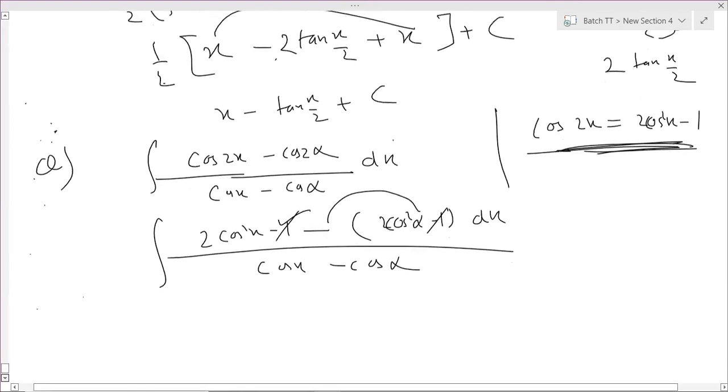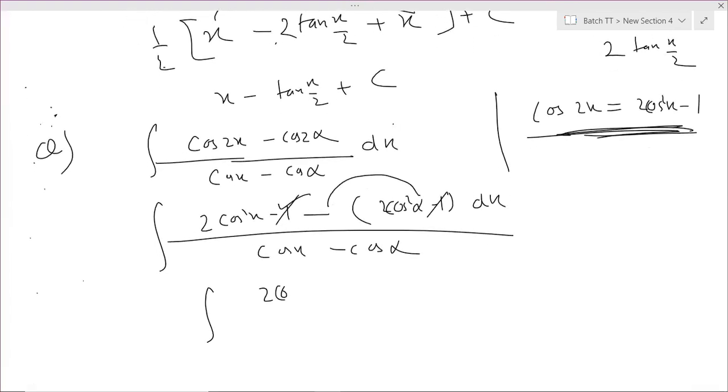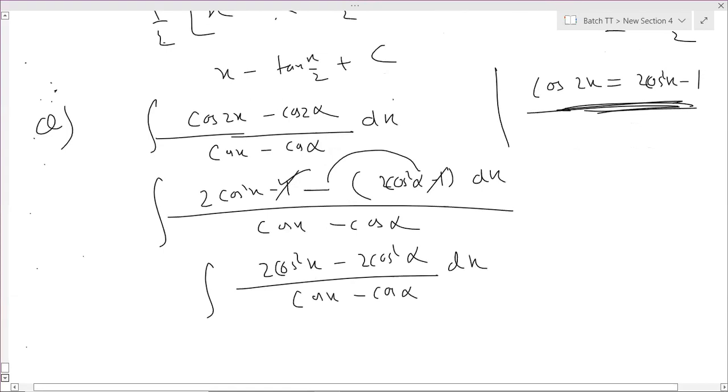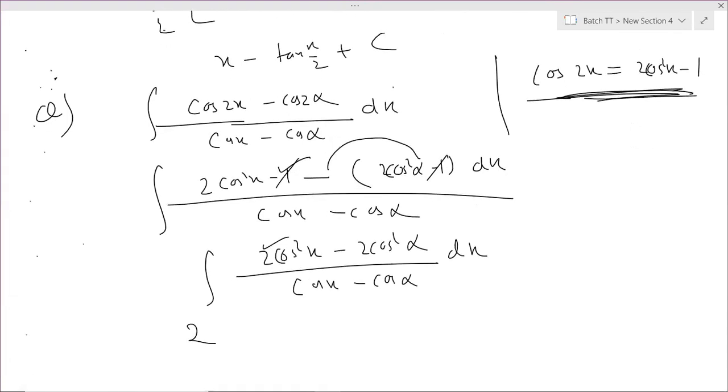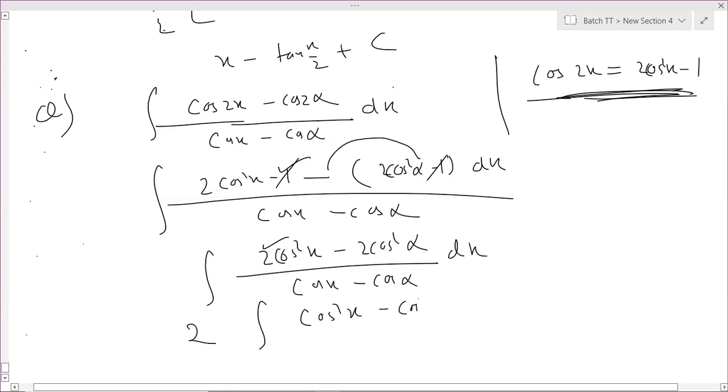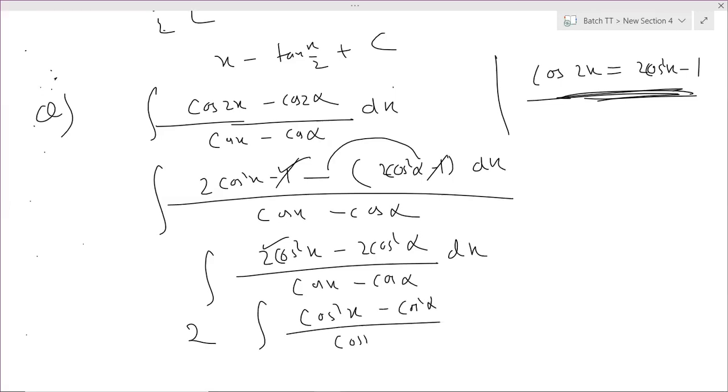So what we have is the integration of 2 cos square x minus 2 cos square alpha divided by cos x minus cos alpha. Do not forget the dx. Taking 2 common here, throwing this out of integration, cos square x minus cos square alpha upon cos x minus cos alpha.